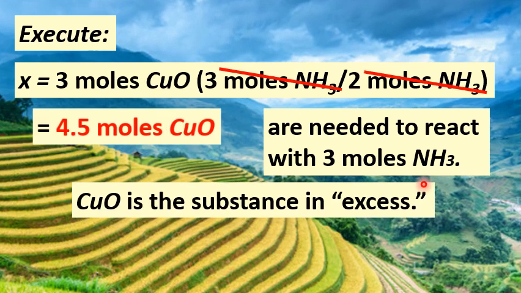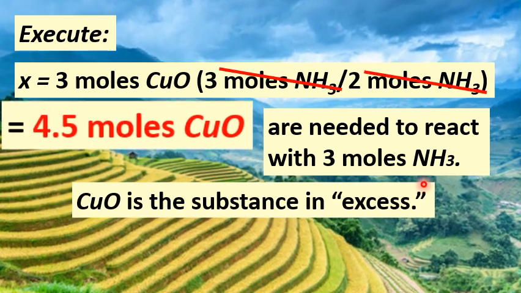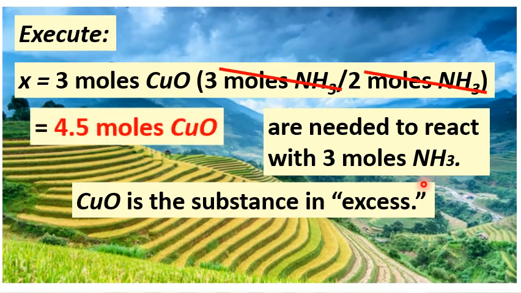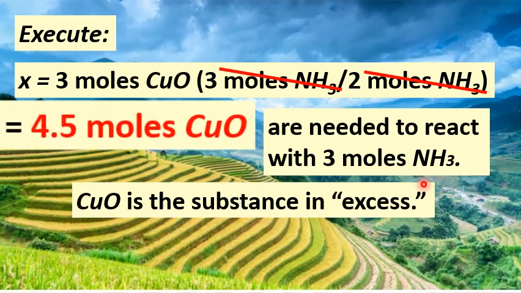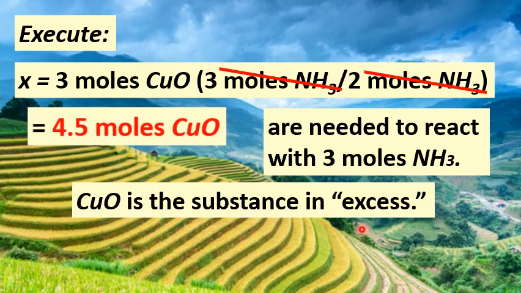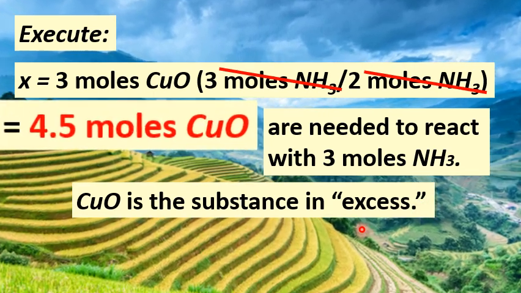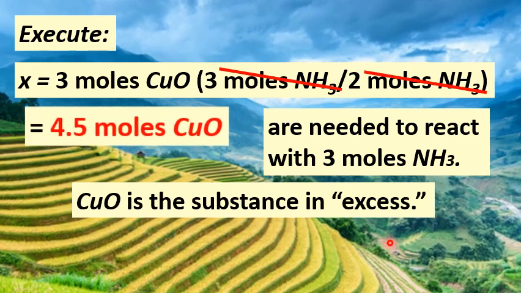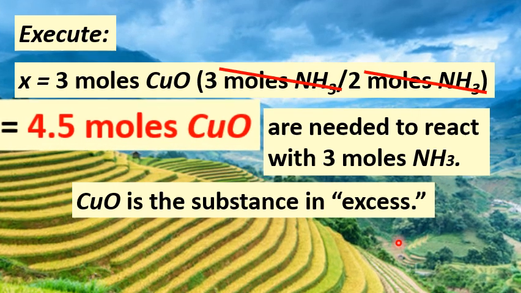And we say that cupric oxide is the substance in excess. Why is this so? If you refer to question letter A, you will note that 5 moles of cupric oxide is given.